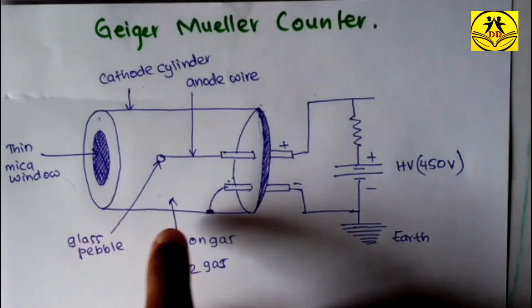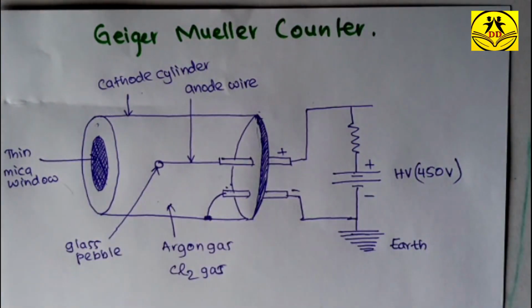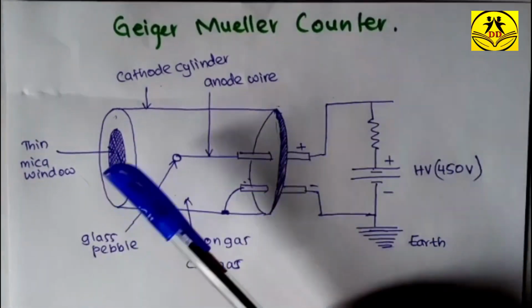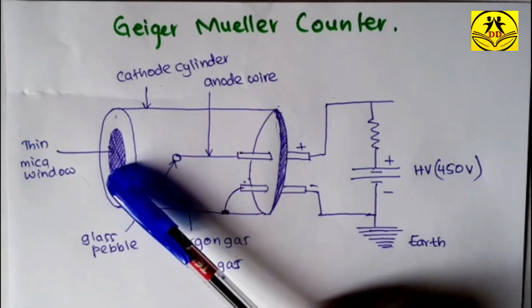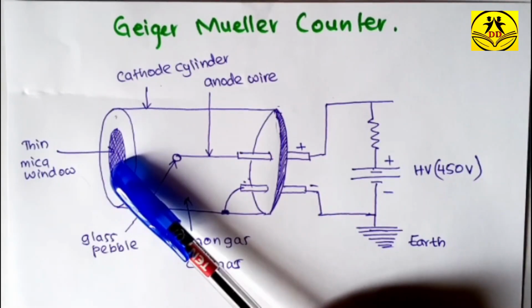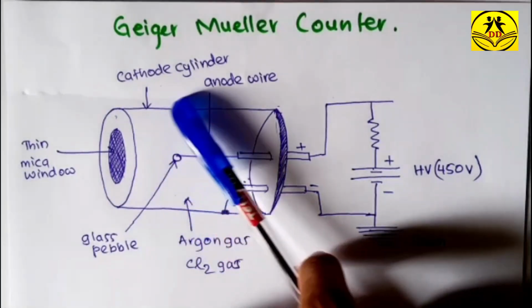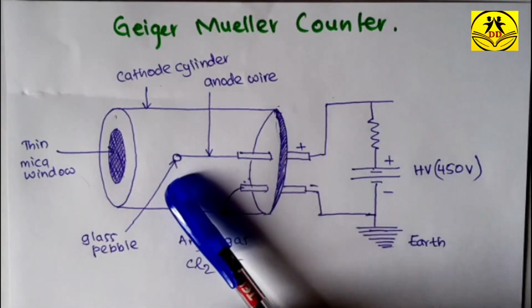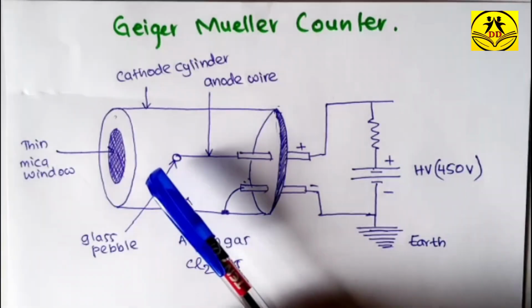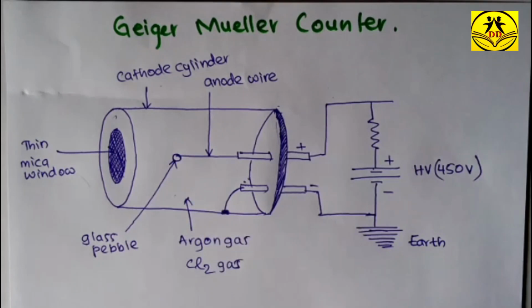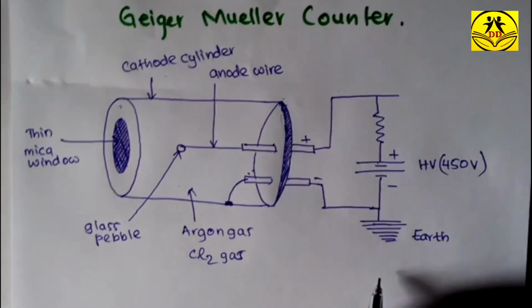The outer shell will be earthed. When radiation falls onto this thin mica window, alpha particles, beta particles, gamma rays or X-ray photons pass into the cylindrical space, and after they enter, they ionize the argon atoms, forming electrons and argon ions.